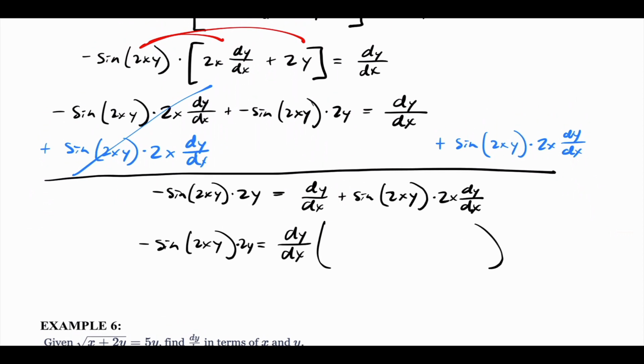A 1, yeah. It's going to leave a 1 here, and then over here, everything that does not have a dy dx. Divide by what I don't need.